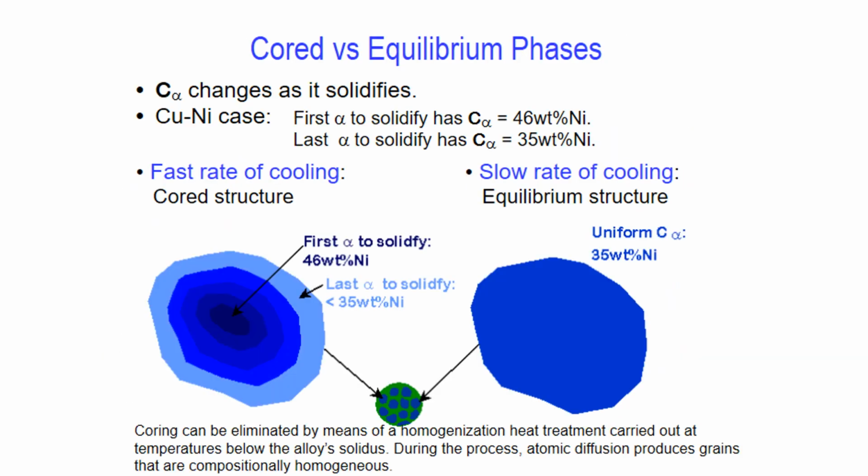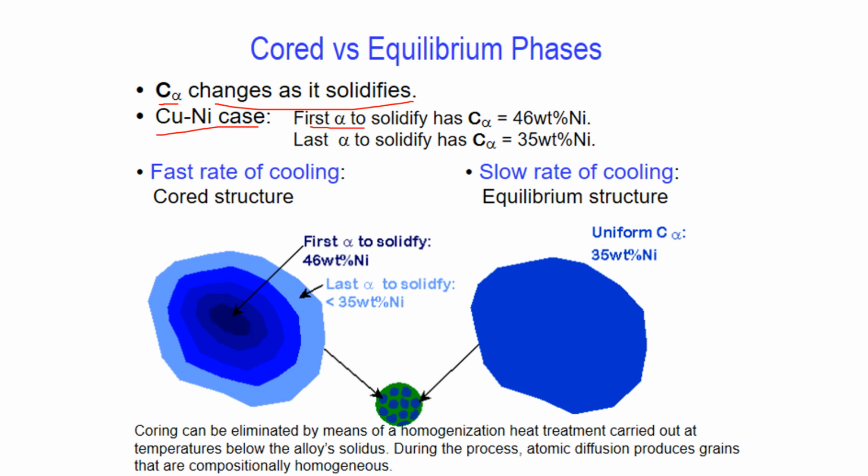Cored versus equilibrium phases. The composition of solid grains, particles or crystals below the solidus line changes as it solidifies.